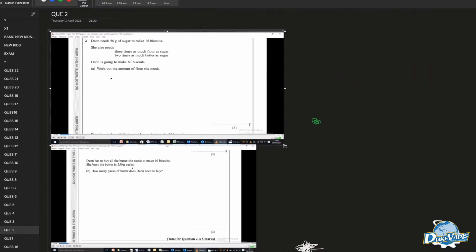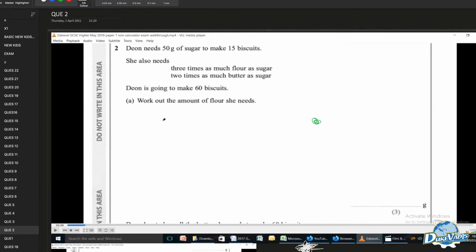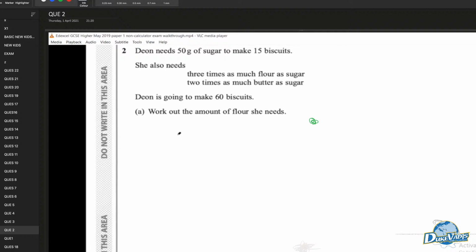We've seen in the question that Dion will need 50 grams. So as we see, this is a simple proportion question. 50 grams is proportional to 15 biscuits.